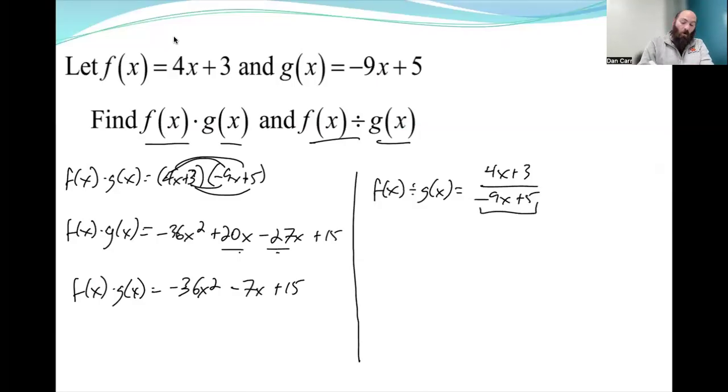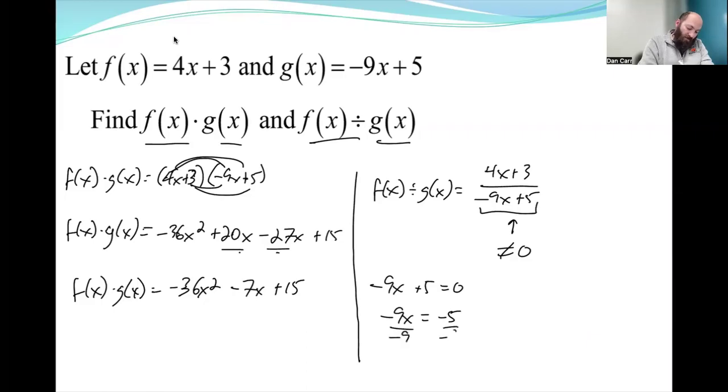If you remember from before, with our rational functions, because that's what I've created with our function operation here, the denominator cannot equal 0. So because that cannot equal 0, I'm going to find out when negative 9x plus 5 does equal 0. So that means negative 9x equals a negative 5 when I subtract that over.